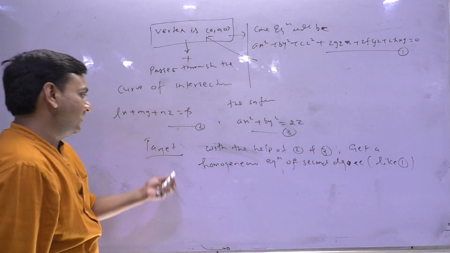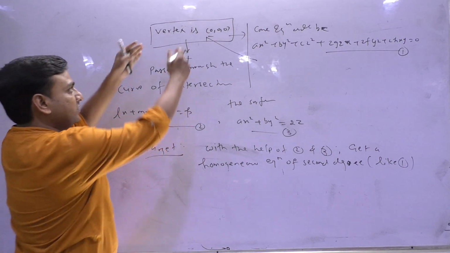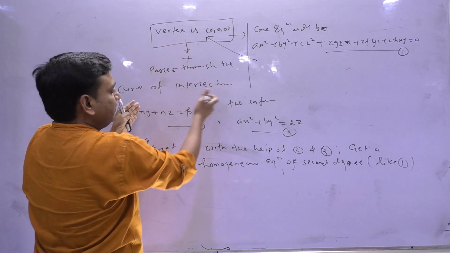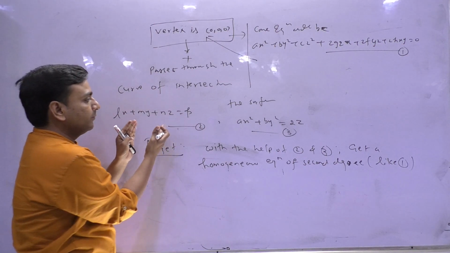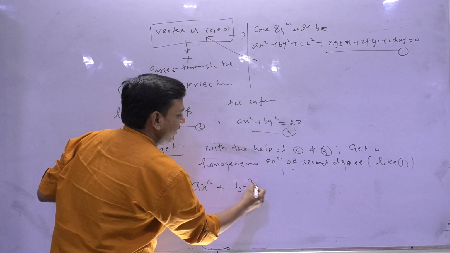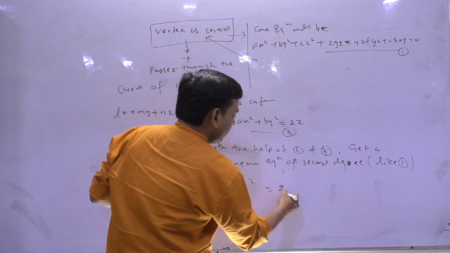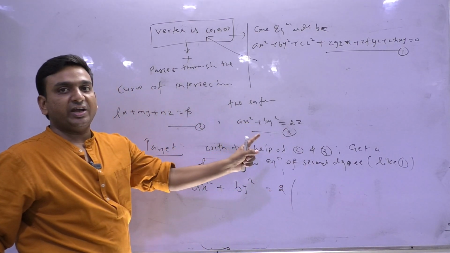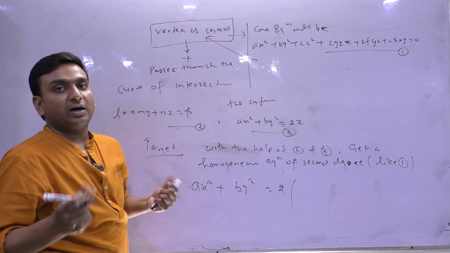To fulfill this target, because they said this cone passes through the intersection of these two surfaces: ax square is a second degree term, by square is a second degree term. If I convert this z into second degree, our job is done.